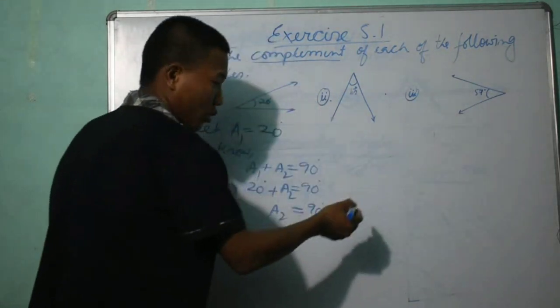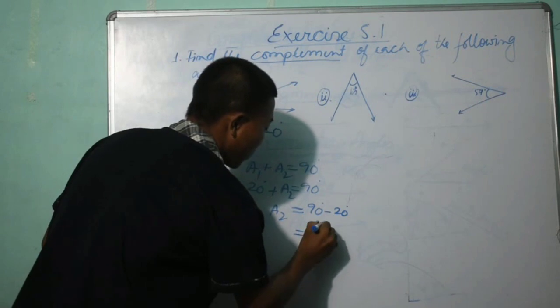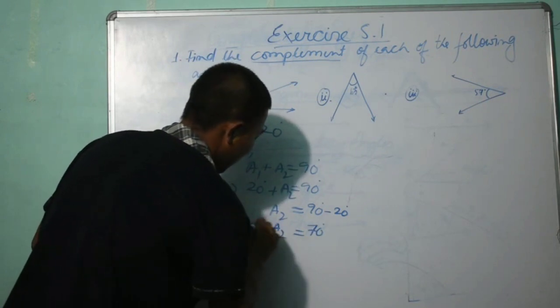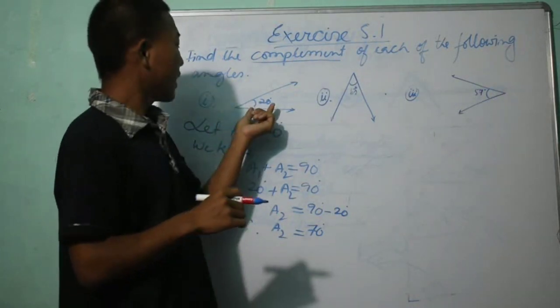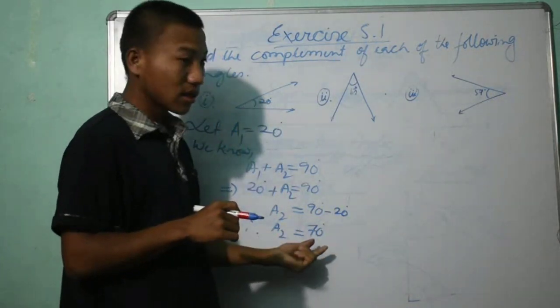So 90 degrees minus 20 degrees gives us 70 degrees. So the complement of angle 20 degrees is 70 degrees.